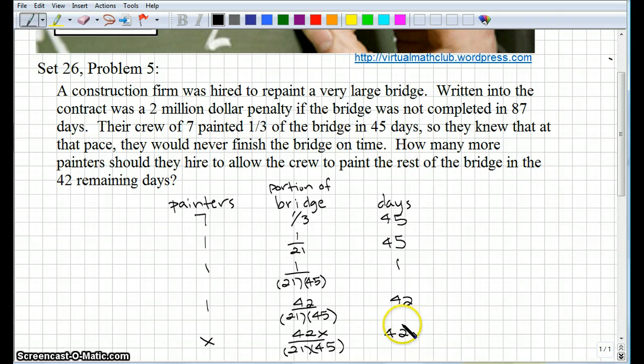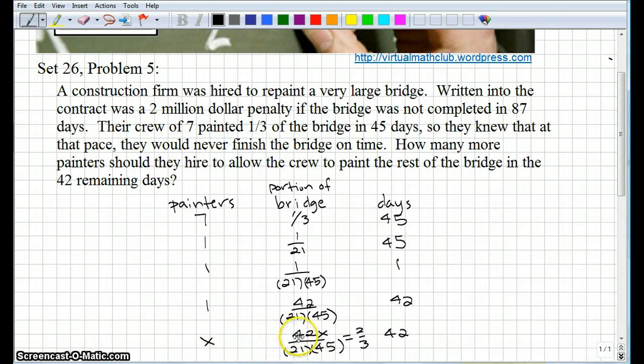Now they've painted 1/3 of the bridge, so we want this portion of the bridge to equal 2/3, right? Because they've got 42 days to finish the bridge, and they've got 2/3 left to paint. If we can just solve for X, we can figure out how many painters total they will need.